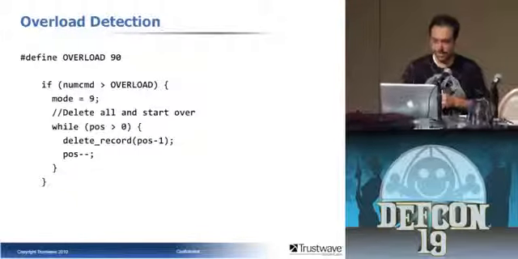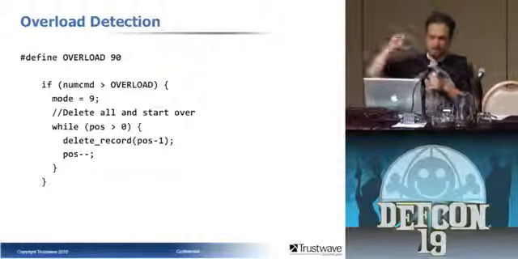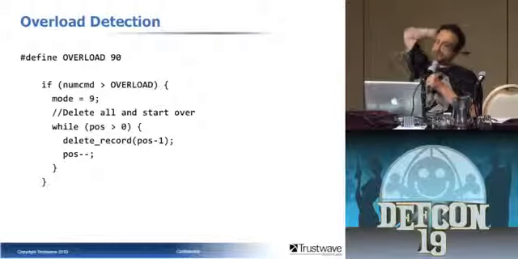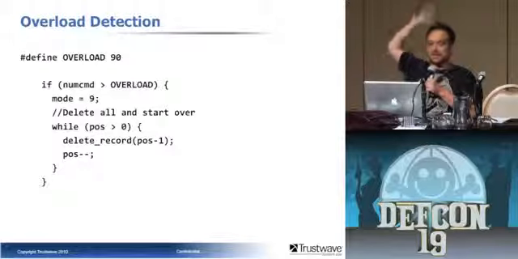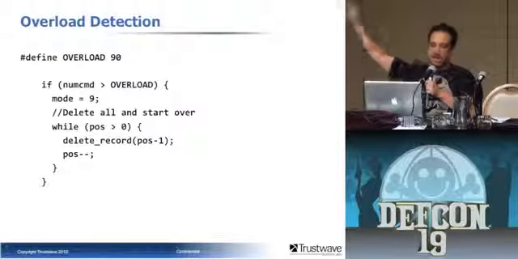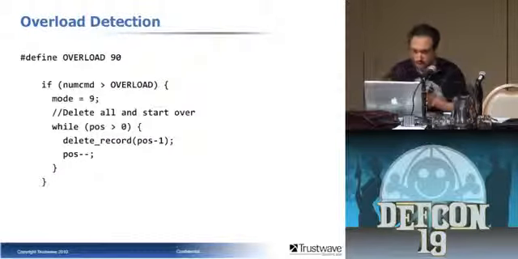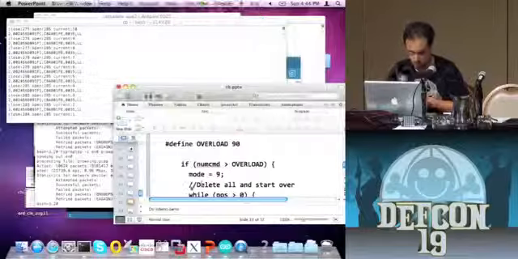So, overload detection. Define overload 90. You can define this whatever you want. That's a very conservative number. If the number of commands is over the overload, mode 9 is the bad one. So I'm down to 5 here. I think this is actually going to work out just about right.